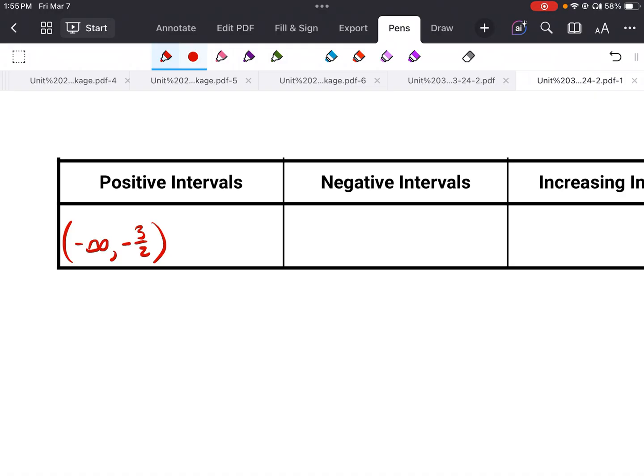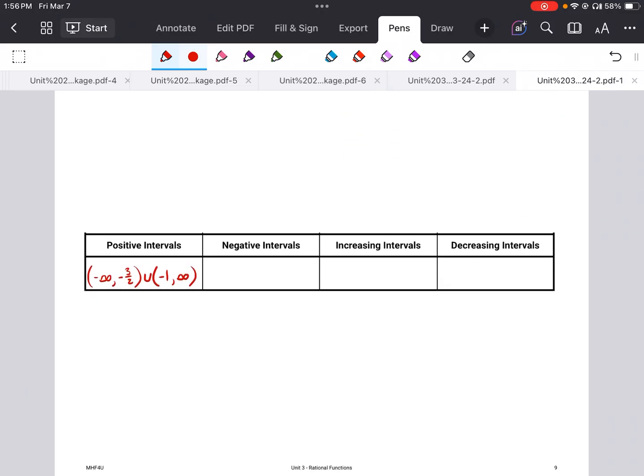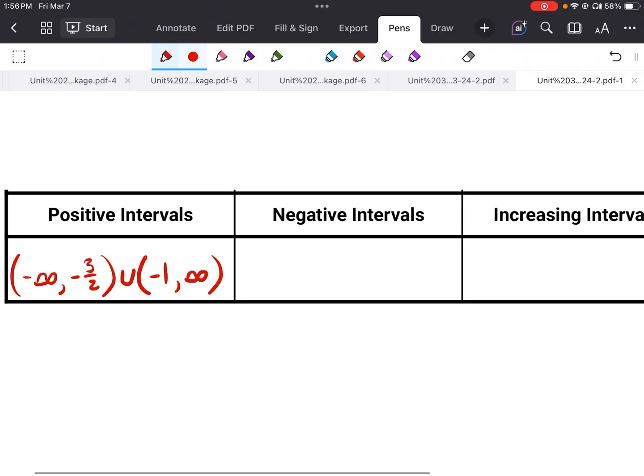And then again, it's positive after the vertical asymptote, so negative 1, all the way to positive infinity. So it stays positive to the right of the vertical asymptote. Okay, the negative interval, well, the only thing that's left is from negative 3 over 2 to the vertical asymptote.